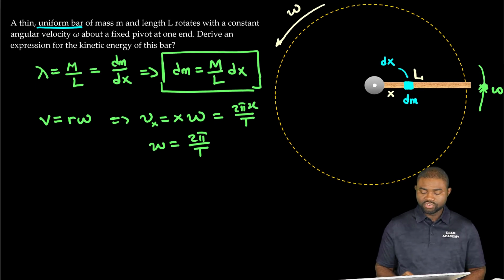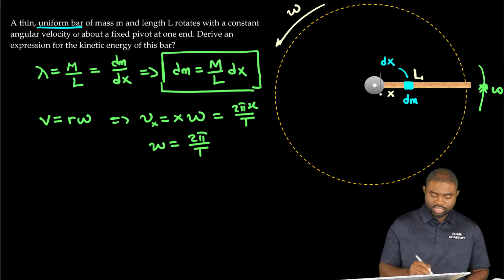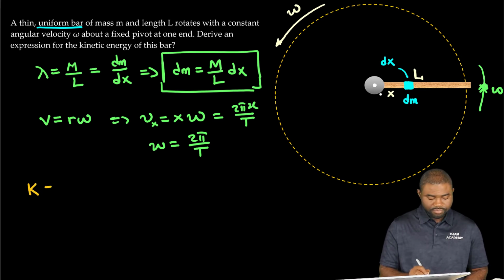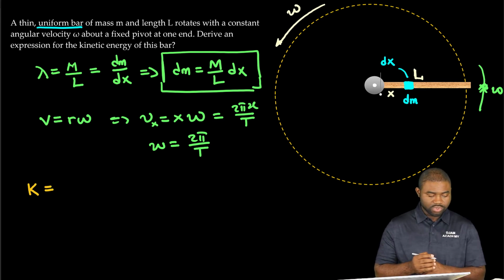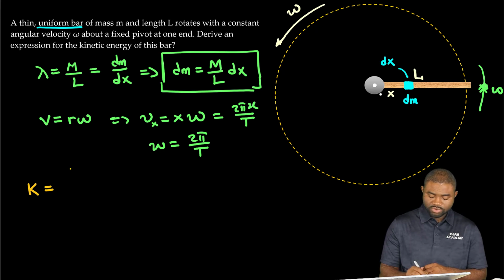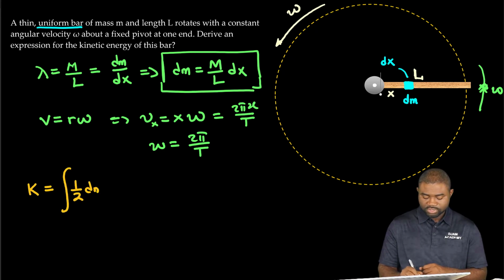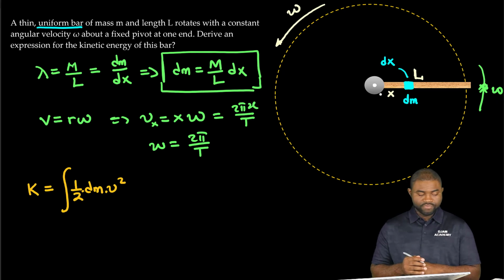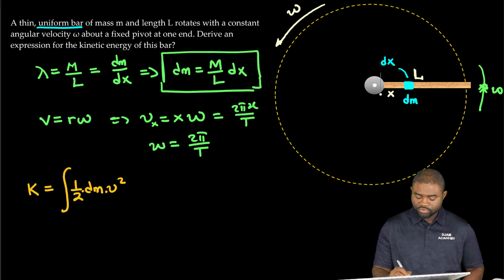Now, the next thing you need to bear in mind is that the kinetic energy of the bar is simply going to be equal to the integral of 1/2 dm v squared. Another way to put this is I'm going to take out the 1/2, the integral of v squared dm.